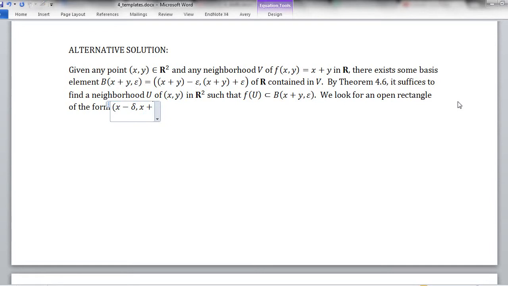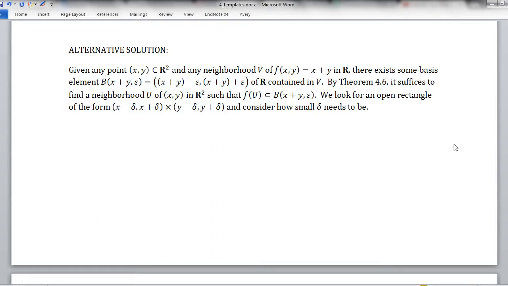All right, x minus delta to x plus delta, and times, on the y-axis we might as well use the same radius, interval from y minus delta up to y plus delta. Okay, so we're going to look for an open rectangle of that form as our U, and consider how small delta needs to be in order for f of this open rectangle to be contained in this open ball. Okay.